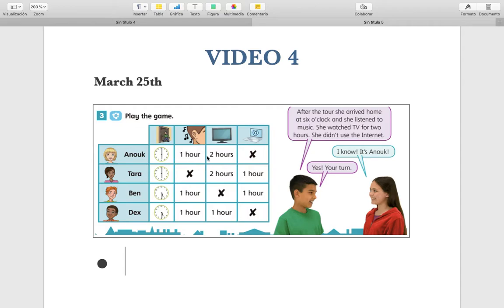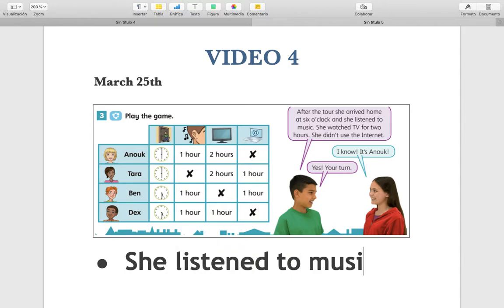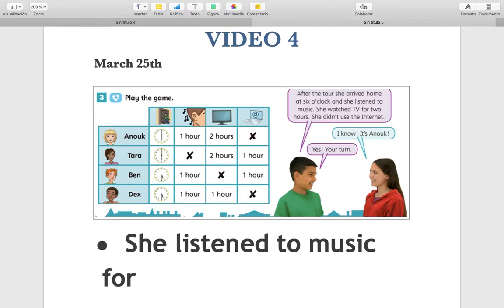So in that first character, we must do 3 sentences. One related to listening to music, and we say she listened to music for 1 hour. Full stop. Then watch TV.